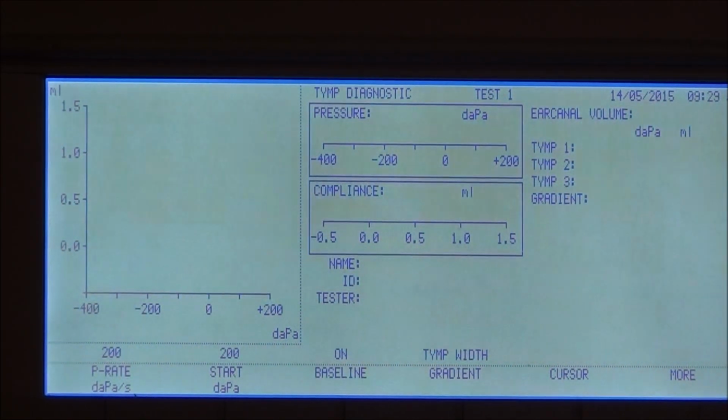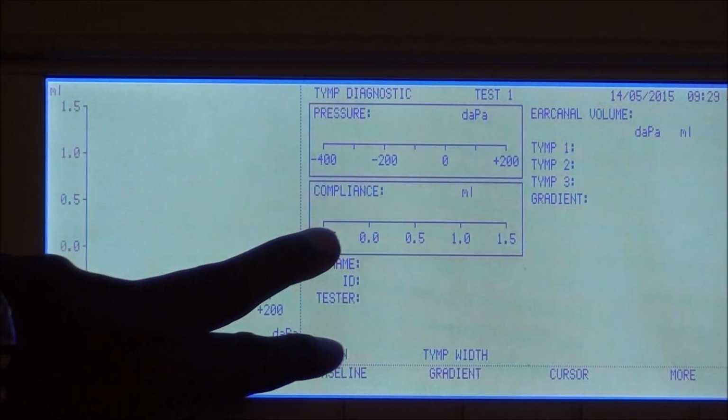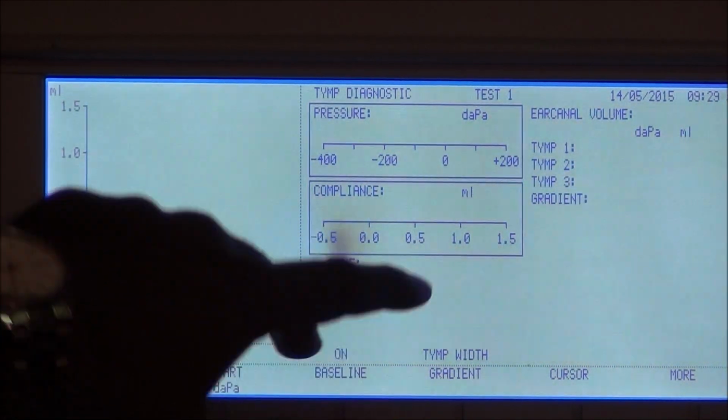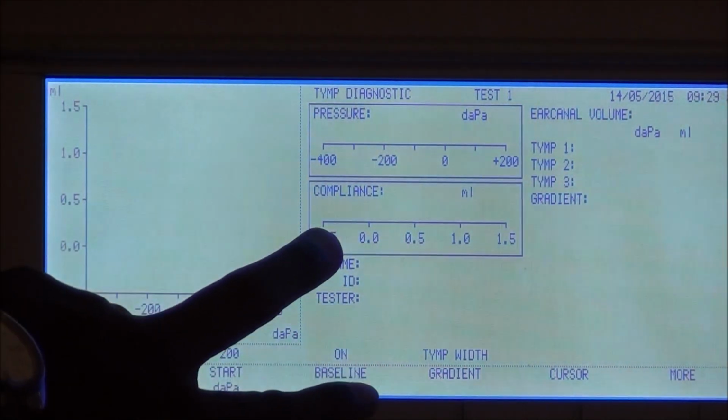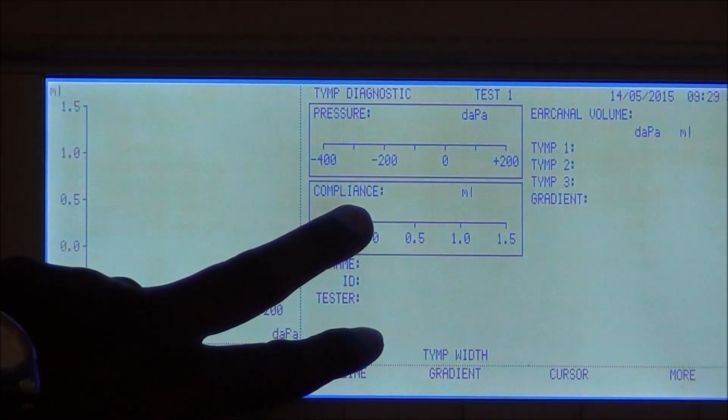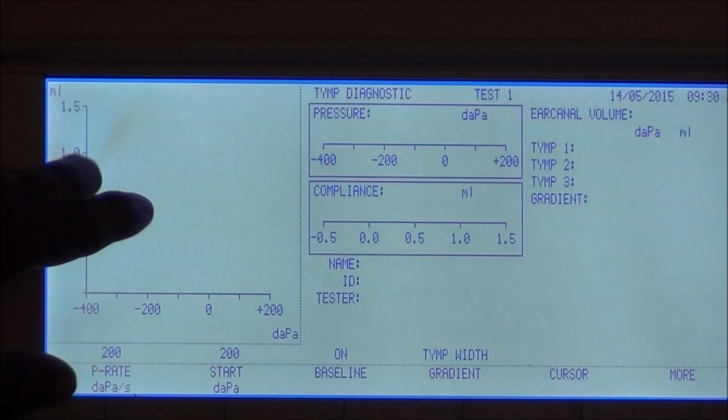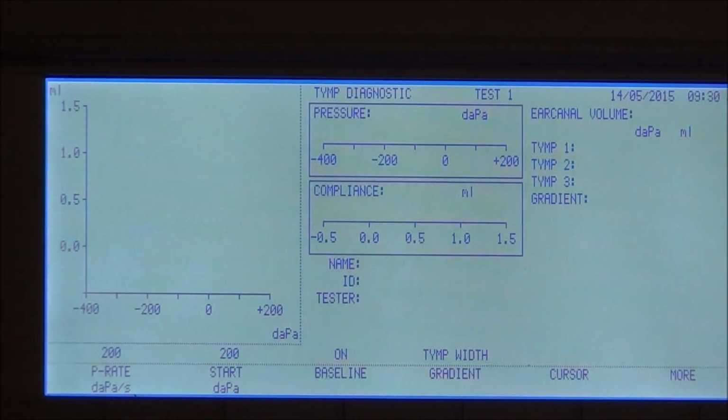But the range is very small. If it goes out of this, it will get stuck here, and you won't see any movement after that. You might think the measurement has stopped, but actually it's beyond this scale. The impedance meter might still be measuring it, but you won't see it on the scale.